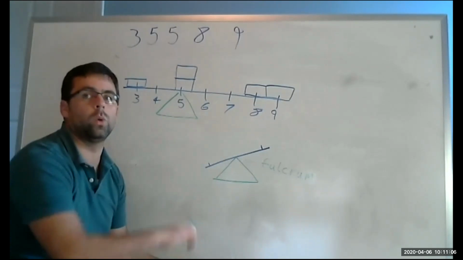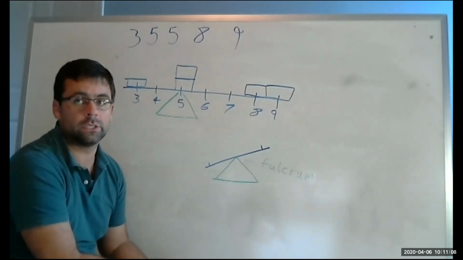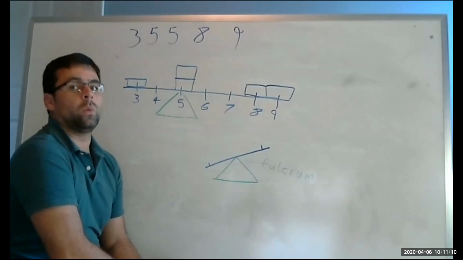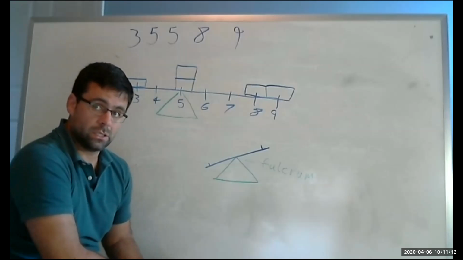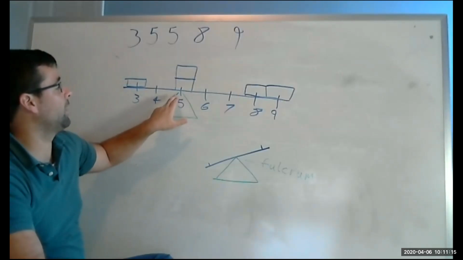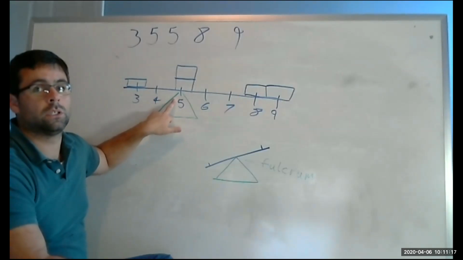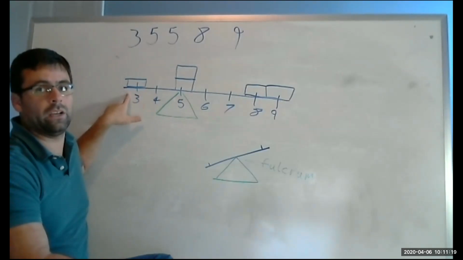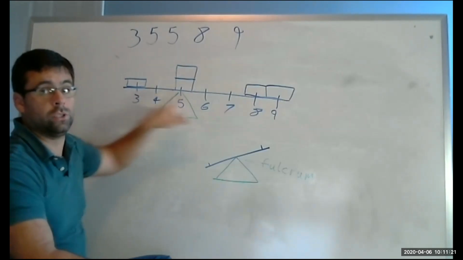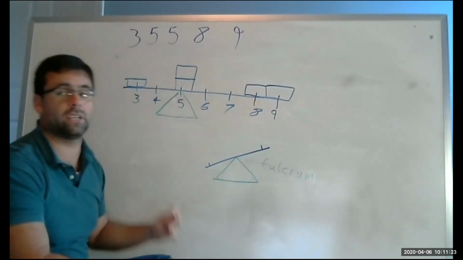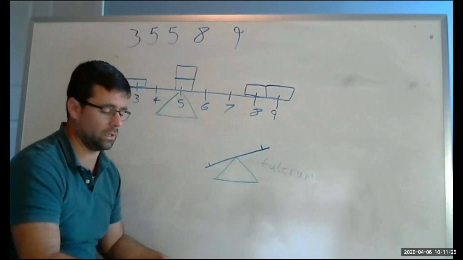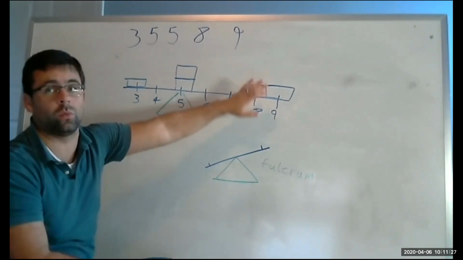So it can go back and forth over that point. But we want the seesaw to be balanced. So if we put the fulcrum right here, well, we've got one weight on this side and two on this side. So that's not going to do us any good, because this side is going to weigh it down.